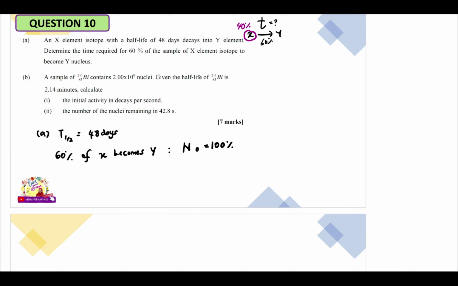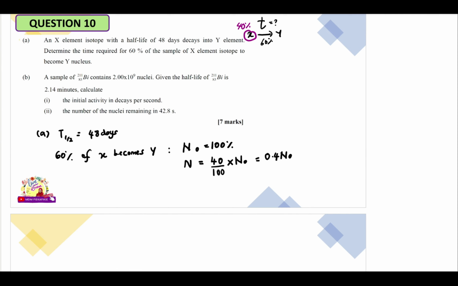This is the initial number of nuclei. And then after certain time, the final number of nuclei would become 40%. Sebabnya 60% dah tukar kepada Y element. So dia akan jadi 40% daripada initial dia, N naught dia tadi, which is 100%. N naught adalah initial number of nuclei. So final N tu kita boleh tulis sebagai 0.4 N naught. Okay, so ini kena faham dulu.